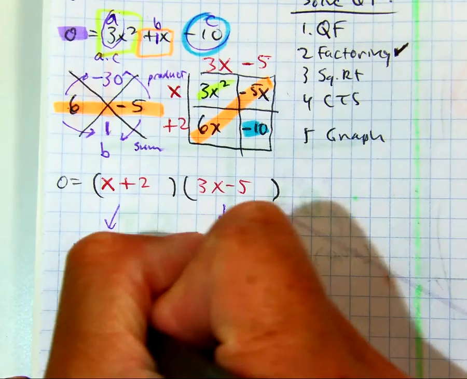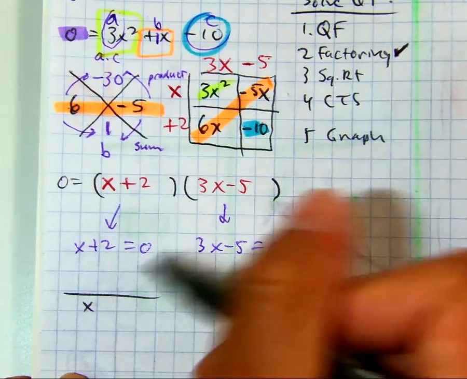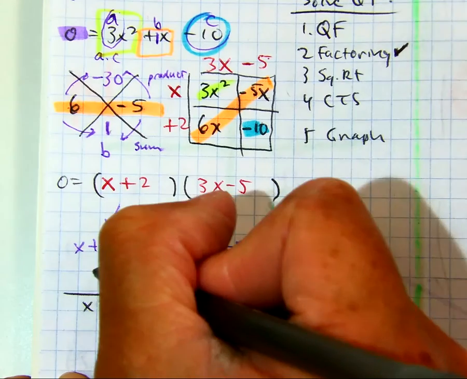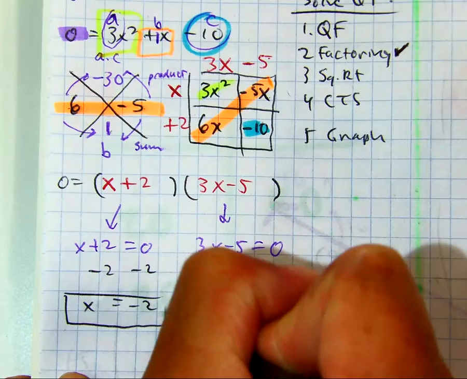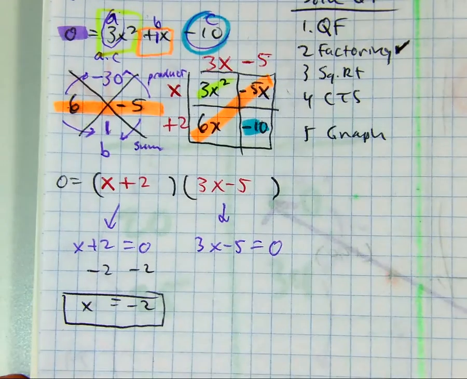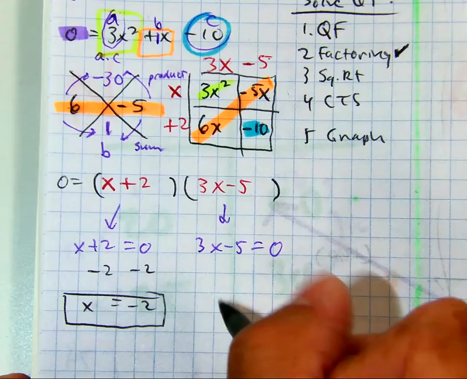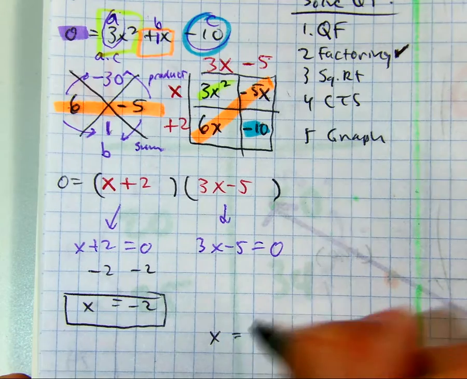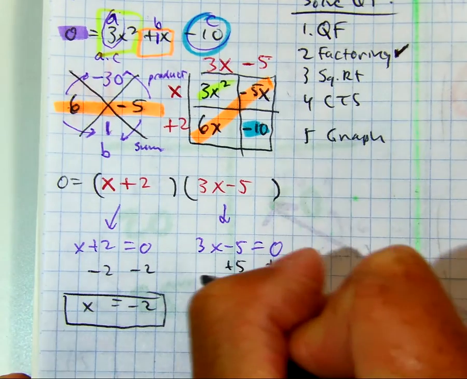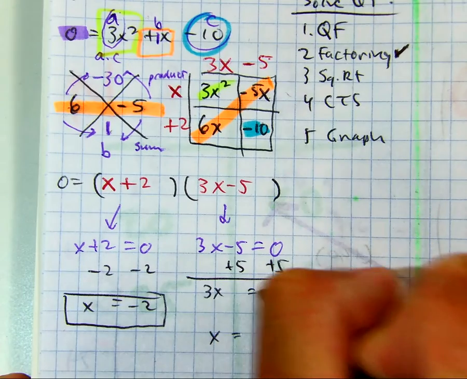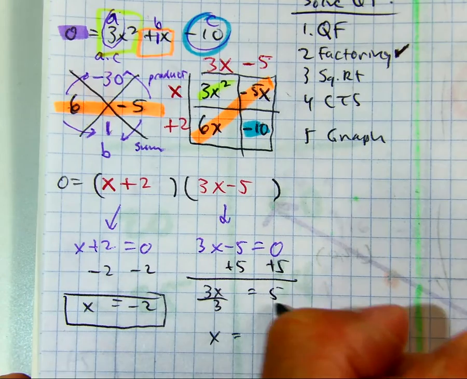Negative 2. Girls, x is equal to? Good. 5/3. Add 5. Divide by 3. X is equal to 5/3.